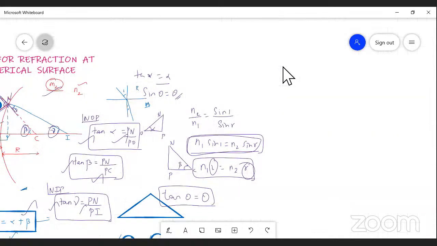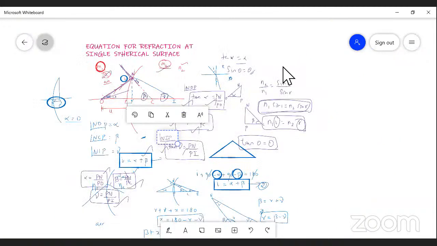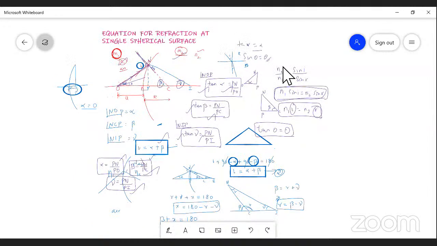Tan alpha, tan beta, and tan gamma values. So in angle NOP is alpha, NCP is beta, NIP is gamma, and tan alpha, tan beta, tan gamma. Finally, the angle of incidence i is equal to alpha plus beta, and r is equal to beta minus gamma. So substitute the values of alpha, beta, gamma and get the final equations.